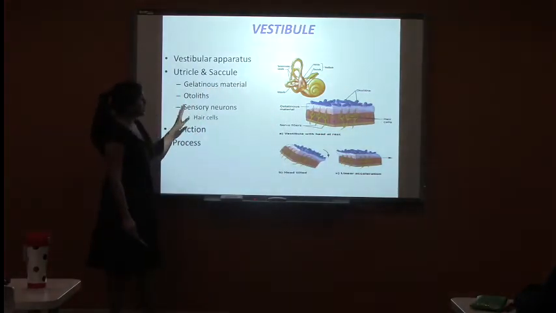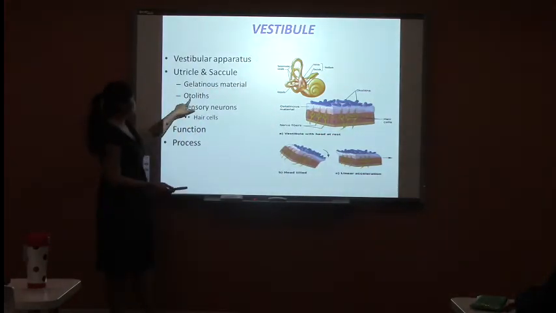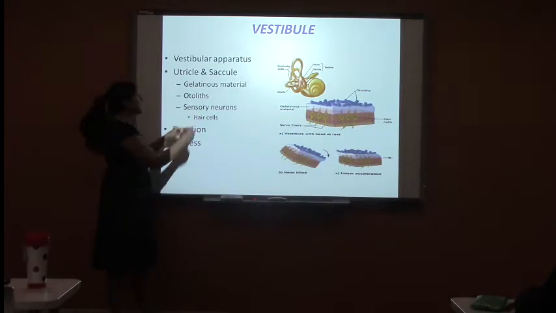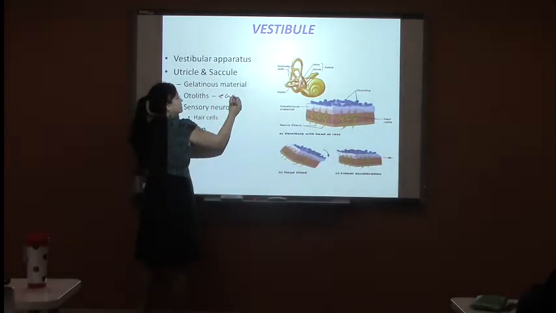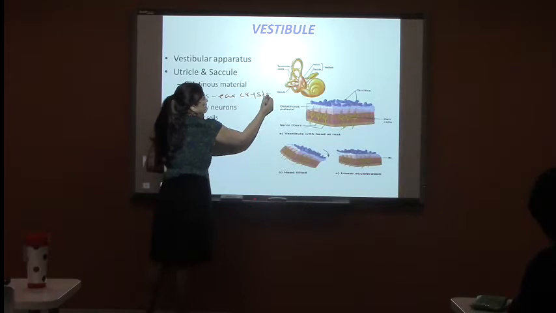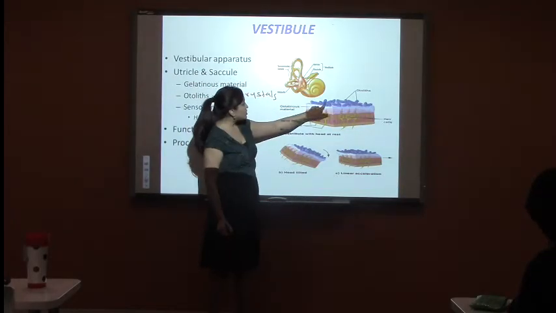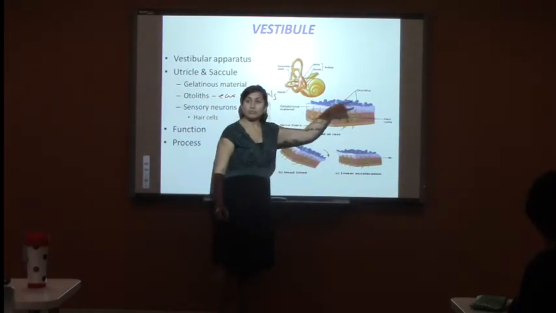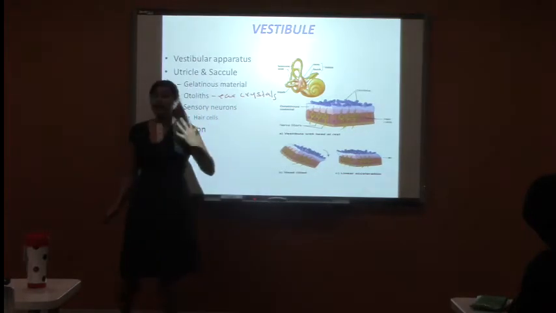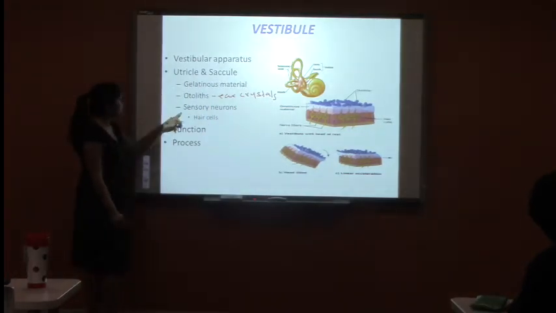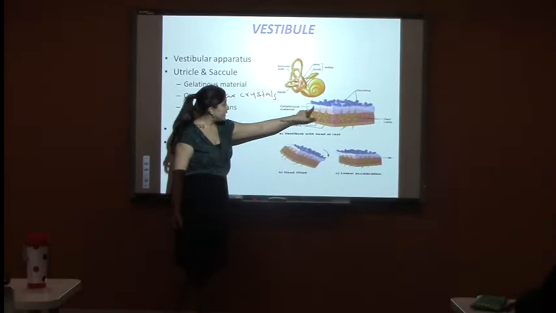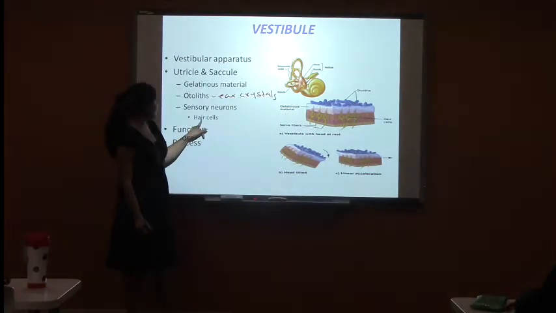On top of the gelatinous material, you have this structure called otoliths. These are ear crystals. As you can see right here, they're crystal-like structures. So in our inner ear, we have crystals. Then you have sensory neurons right there, and then you have the hair cells.